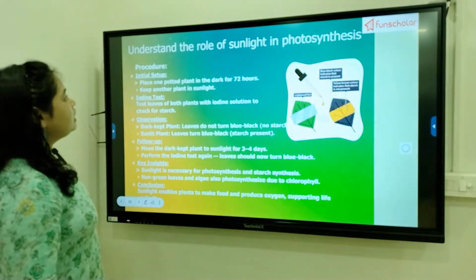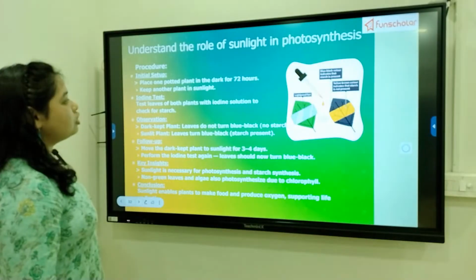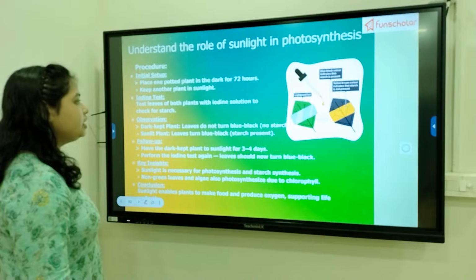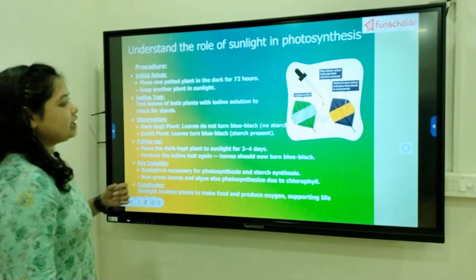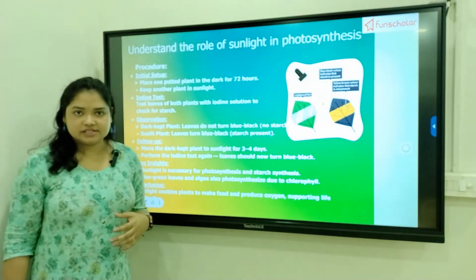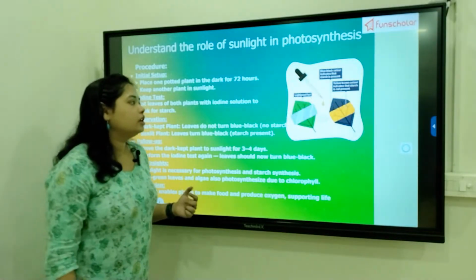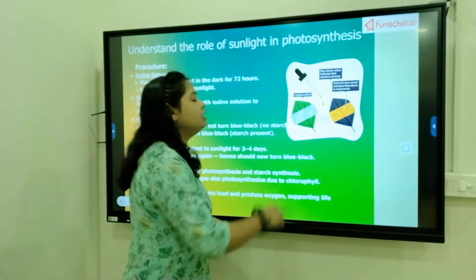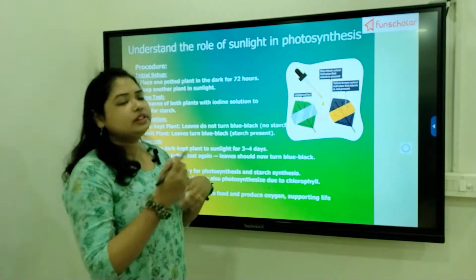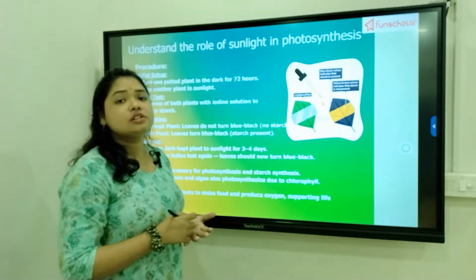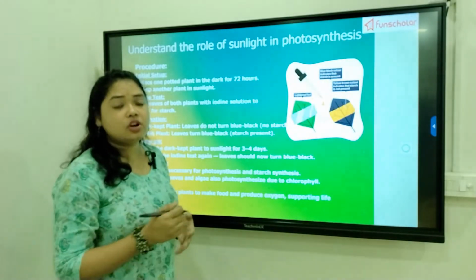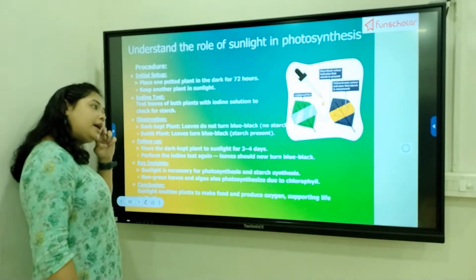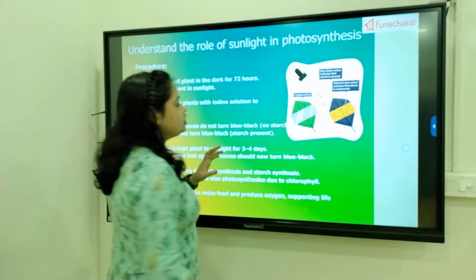Now we will try to understand the role of sunlight in photosynthesis by doing a small experiment. Suppose we take the leaf of two potted plants, right? In one leaf we have tied a certain region with tape, so sunlight won't be absorbed in that region.